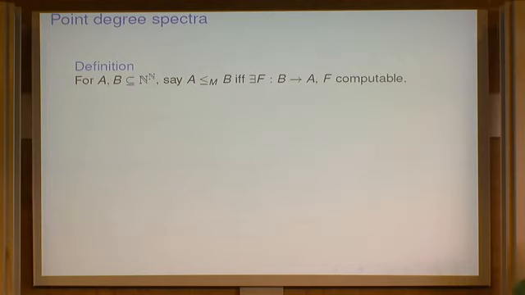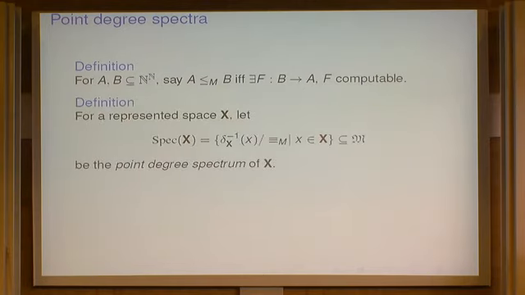That's defined between subsets of Baire space, and we're just saying that A is Medvedev reducible to B if there is some computable function defined on the set B, which is going into the set A. This, of course, is only a really interesting notion if A does not have any computable points in it, because then it's hard to actually get a function into that space. So we need something inside B in order to be powerful enough to compute something inside A.